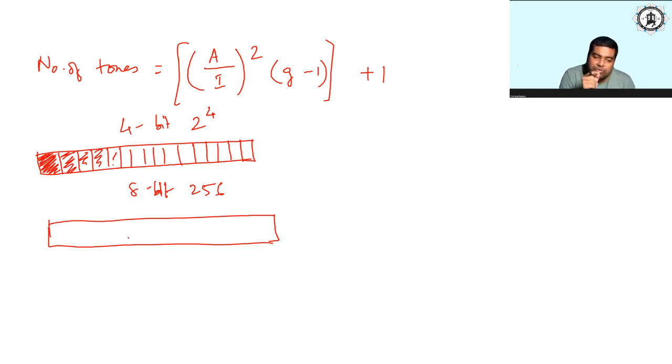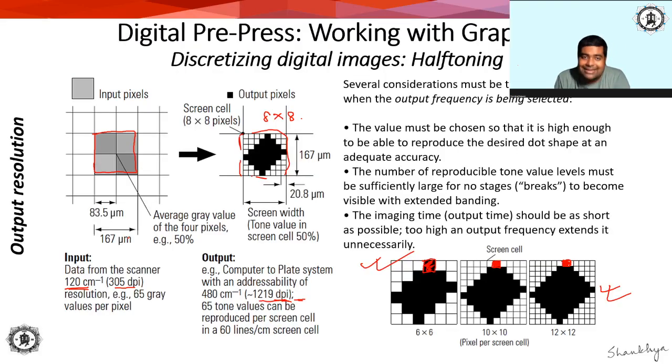The difference between one tone and the other is so small that you cannot detect it, whereas here it appears discontinuous, that is, discretized. In the 8-bit grayscale there is a very smooth, gradual change from the shadow to midtone towards the highlight area. So that is what the number of tones means, that is, how many tones can be created by that CTP.